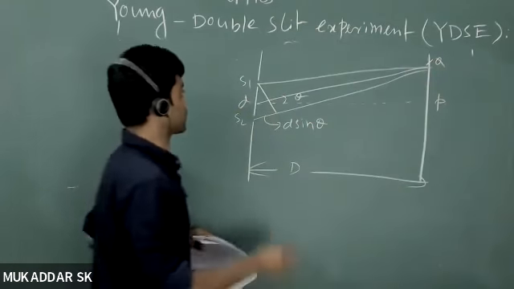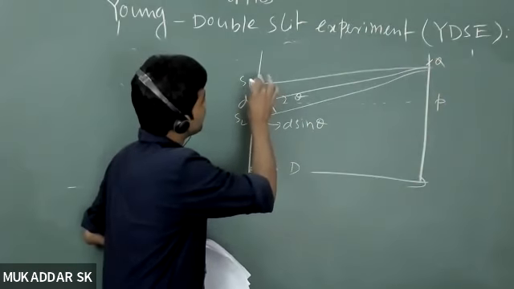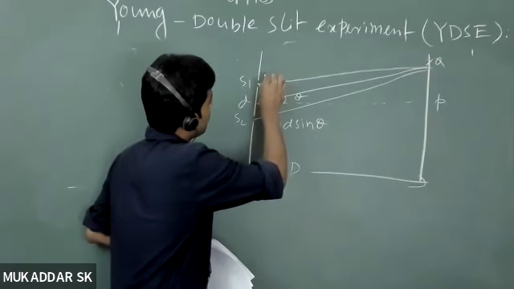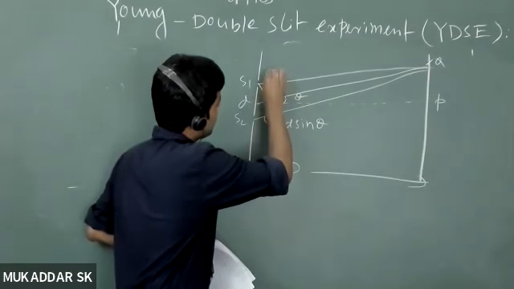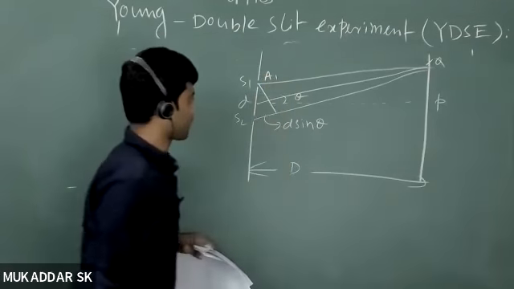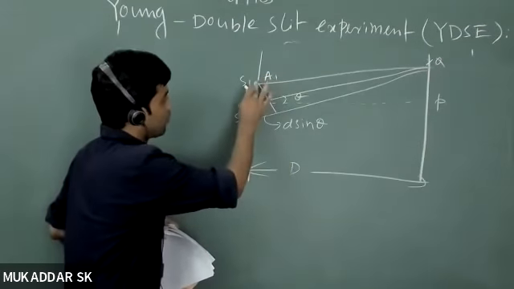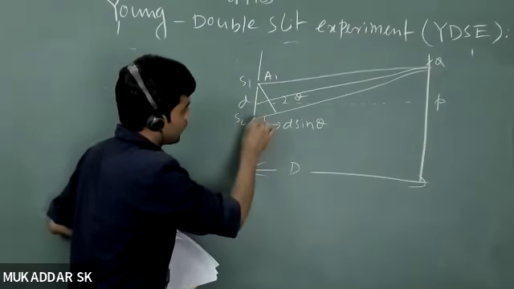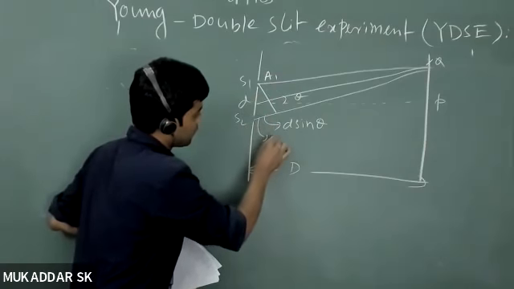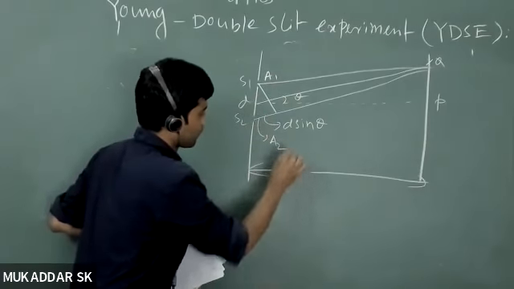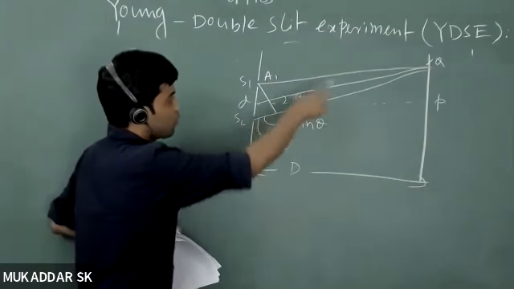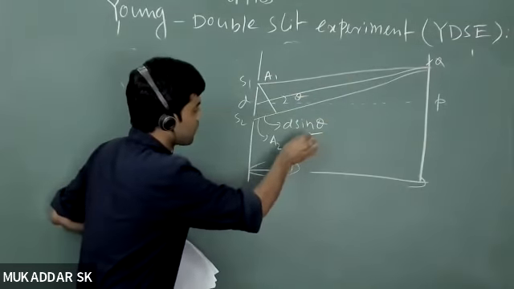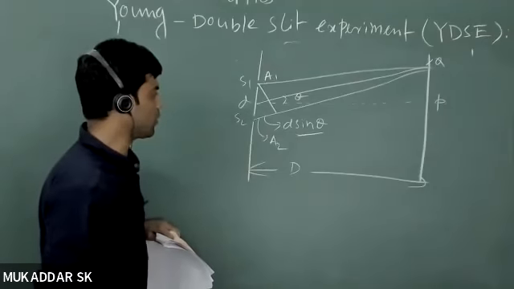Let us assume the light passing through slit S1 has amplitude A1, and the light passing through S2 has amplitude A2. The path difference between these two rays is d sine theta.